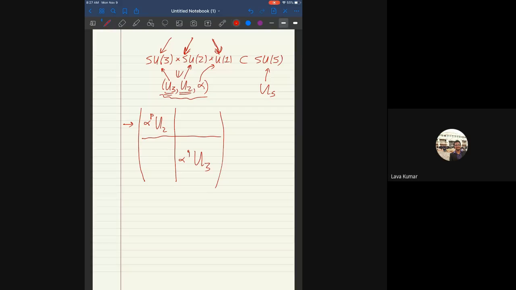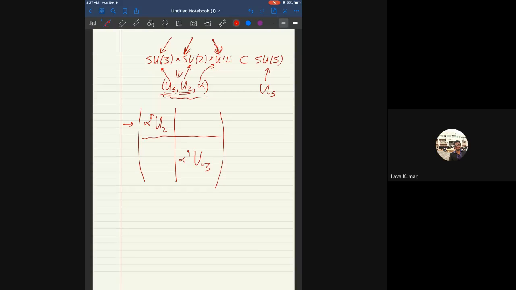But now remember, it's an element of SU5, so we need to consider the determinant of the matrix. Currently alpha is represented by a diagonal 5x5 matrix whose first two components are alpha to the p and alpha to the p, and whose last three components are alpha to the q, alpha to the q, and alpha to the q. Since we want the overall determinant to be 1, p and q are not independent.